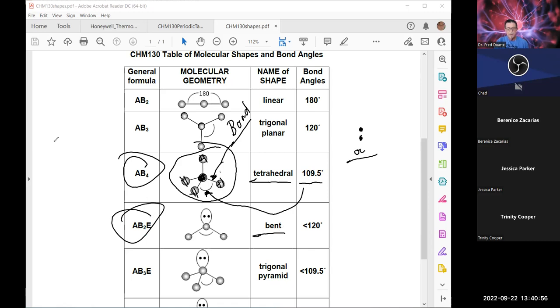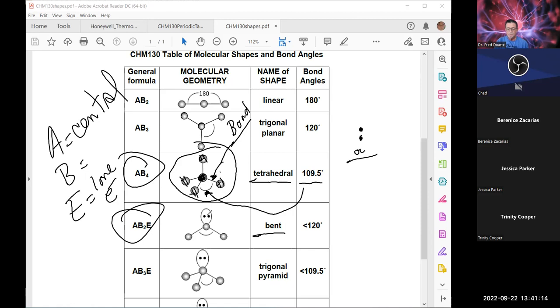Now the E, I said A is the central atom, whatever it may be. B is whatever's bonded to the central atom, okay? E is a lone pair of electrons, which are represented here by these two dots. What we can have at times in the central atom are lone pairs of electrons that are not bonded to anything else, but they're sitting in the central atom.